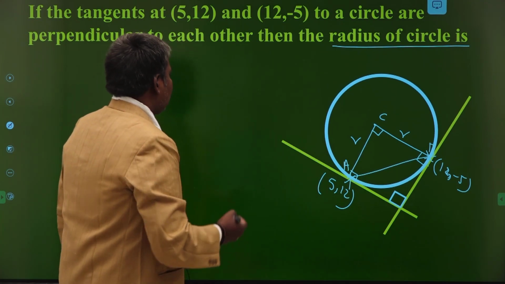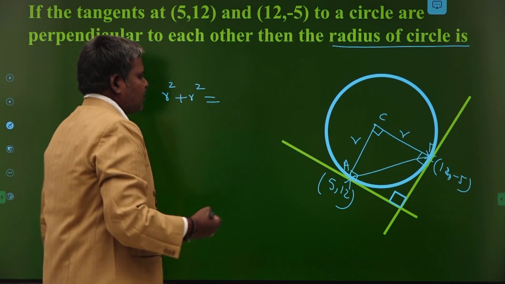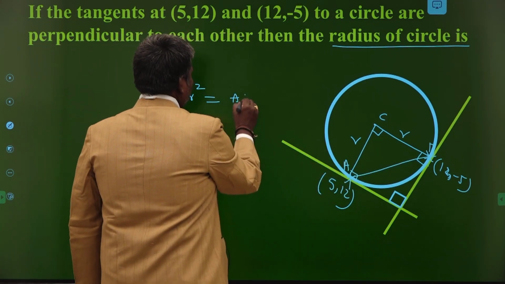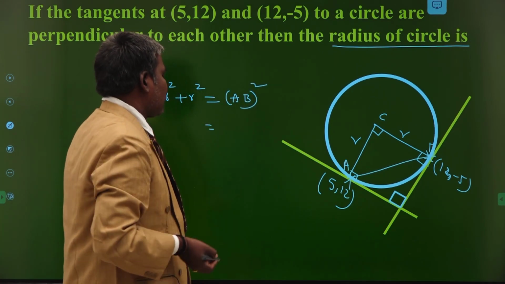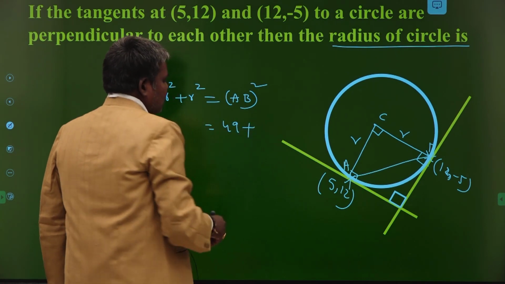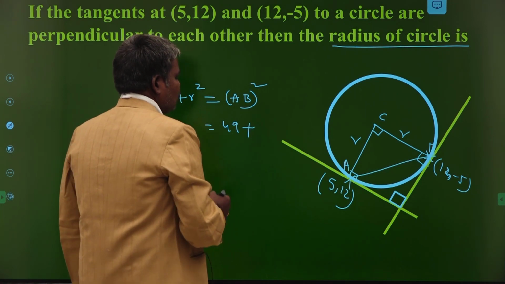Now apply the Pythagoras law. R square plus R square, side square plus side square is equal to hypotenuse square. What is your hypotenuse? AB square. That means 5 minus 12, that is minus 7, whole square means 49, plus 12 plus 5, that is 17, 17 square is 289.